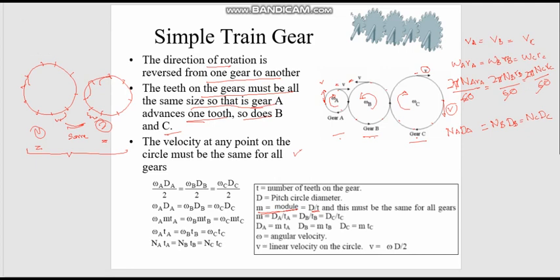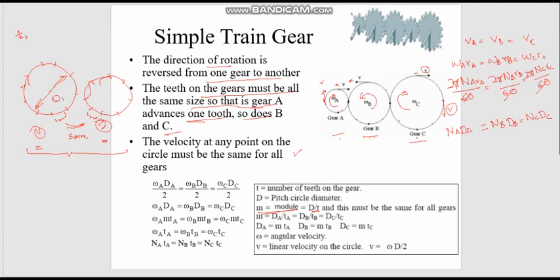So let's say this particular gear one has T1 teeth, where T1 represents the number of teeth, and it has a diameter of D1, right?